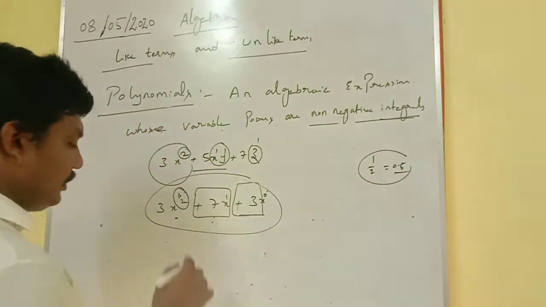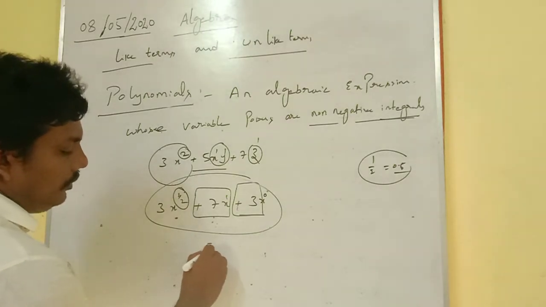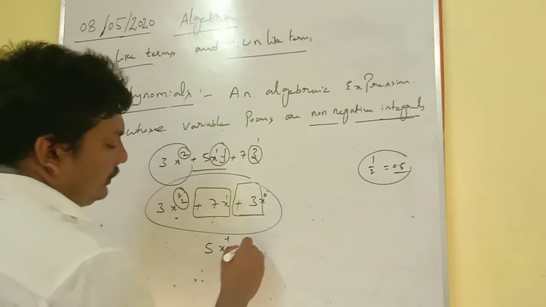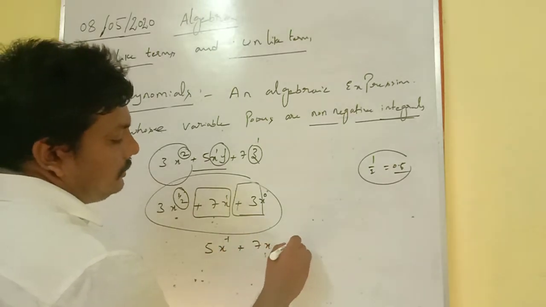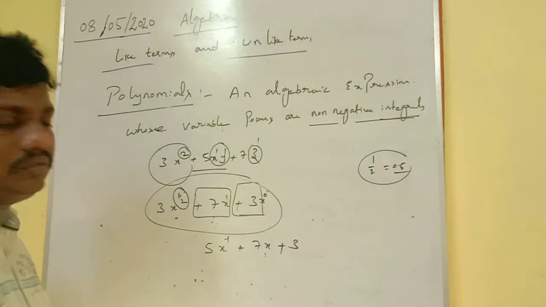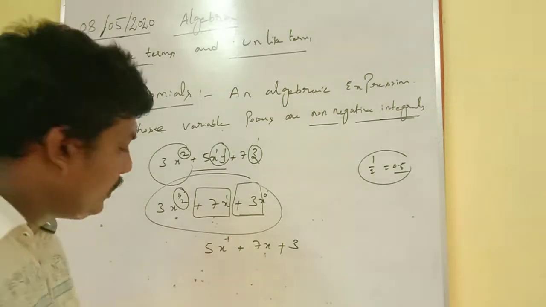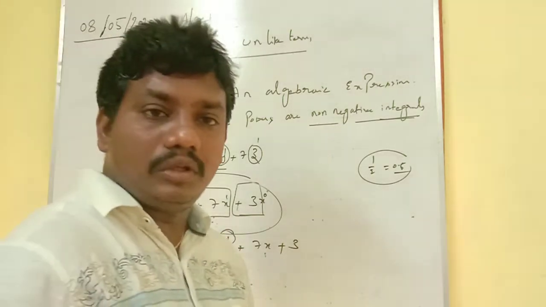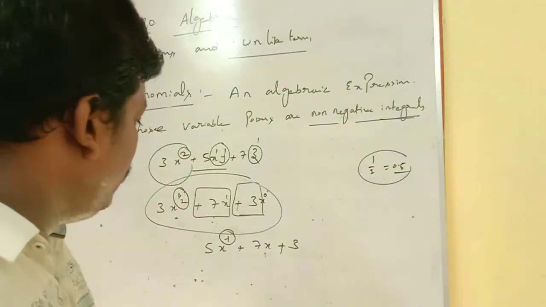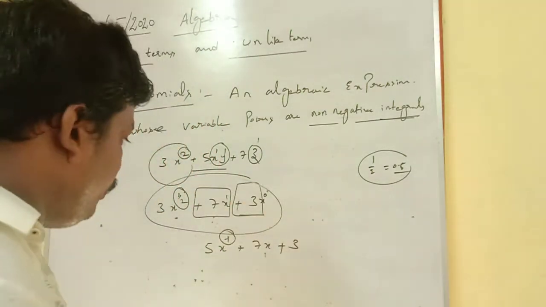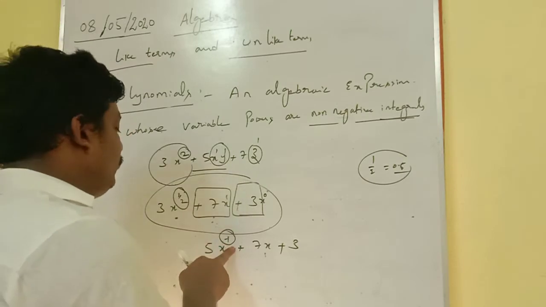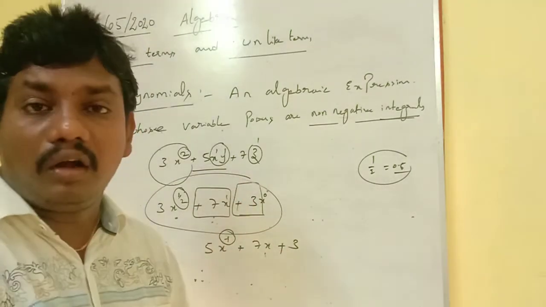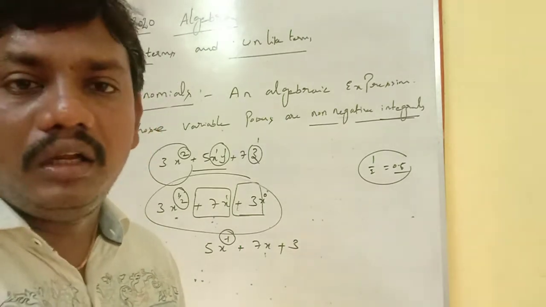One more example you can see. This is 5x power minus 1 plus 7x plus 3. This is also not a polynomial because it has a negative power. So I hope you understood now. Algebraic expressions which have negative powers and non-integral powers are not polynomials.